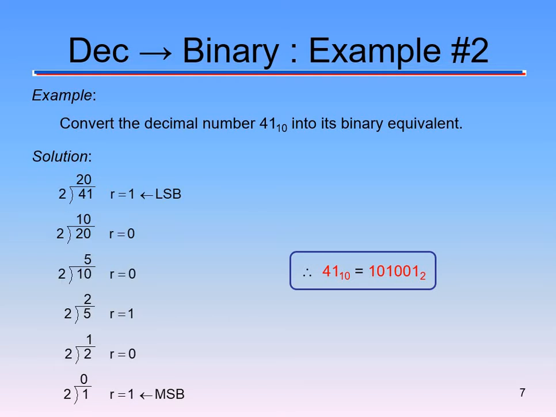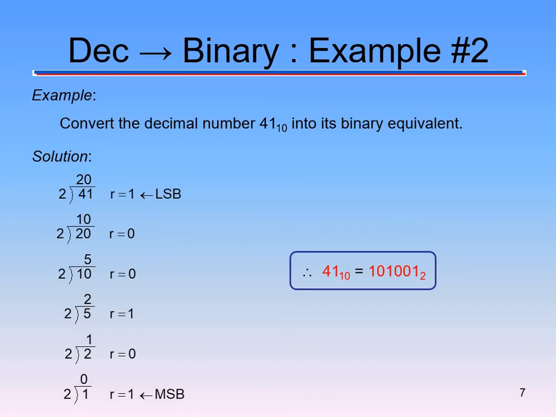So revisiting everything, you can see clearly how we get our MSB and our LSB and all the digits in between. We'll go through it one more time. 41 divided by 2 is 20 with a remainder of 1. Then 20 divided by 2 is 10 with a remainder of 0. 10 divided by 2 is 5 with a remainder of 0. 5 divided by 2 is 2 with a remainder of 1, because 2 times 2 is 4.